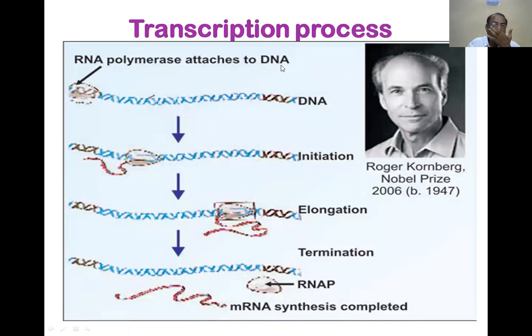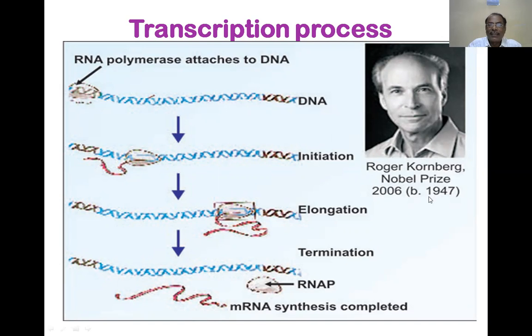Now the whole thing was clearly explained by Roger Kornberg. Mind you, the previous person mentioned was another Kornberg, Arthur Kornberg. He discovered DNA polymerase, which joins nucleotides together in the process of DNA replication. Whereas Roger Kornberg described how exactly the transcription process goes on, what the steps in the transcription process are.